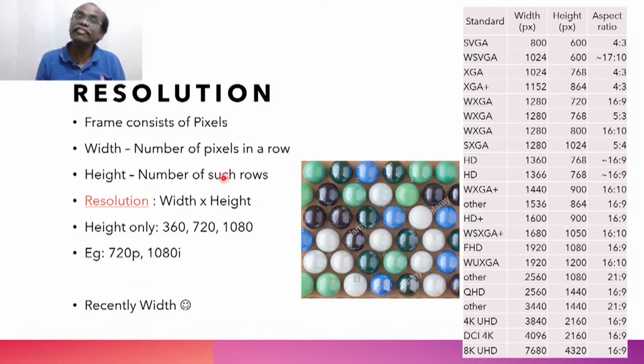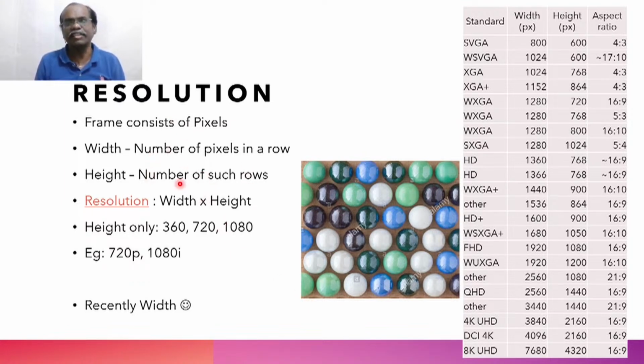That is called the width of the frame. In a vertical direction, how many pixels are present is called height. So the number of pixels in a row is called width, and the number of pixels in a column is called height. You should know that, right?